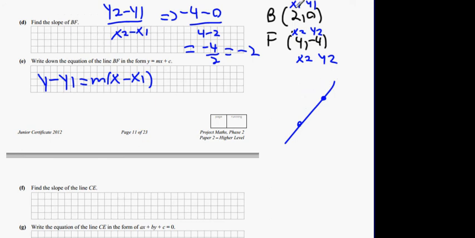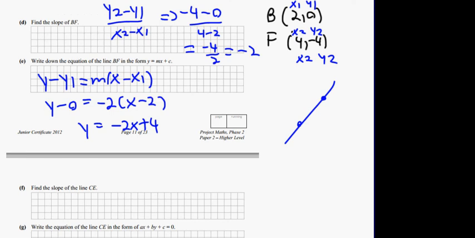So we're going to use x1 and y1, 2 and 0. So you're going to get y minus 0 equals m, which is minus 2, into x minus 2. And we're going to get y equals minus 2x plus 4. So that's in the form mx plus c.